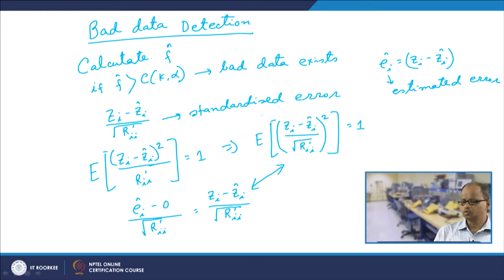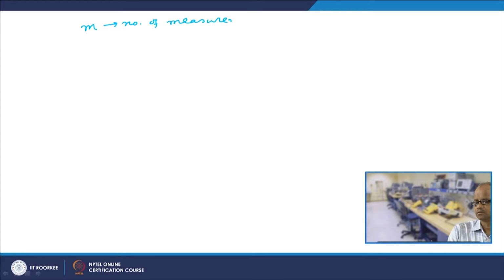Now, one important point needs to be understood. Suppose m is the number of measurements, and n is the number of states.